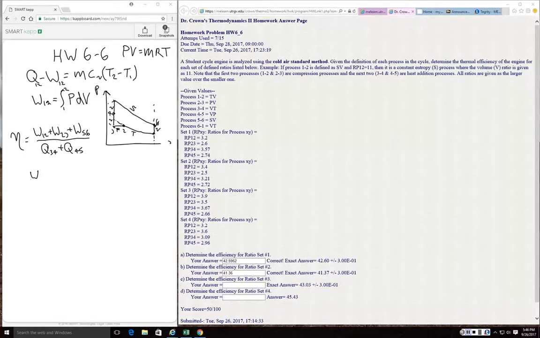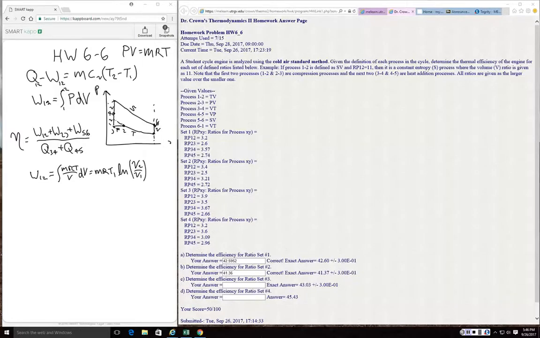So let's do work 1, 2. For the first process, it's an isothermal process, so work from 1 to 2 equals integral P dV, which I can replace P with MRT over V dV. And the numerator is constant, so I can bring that out and I get MRT1 natural log of V2 over V1.